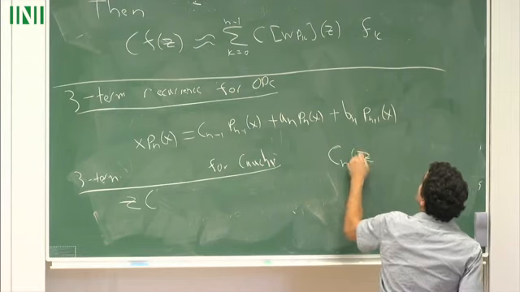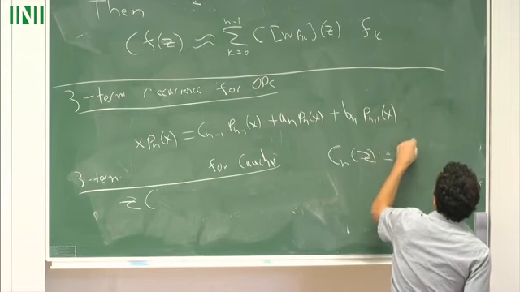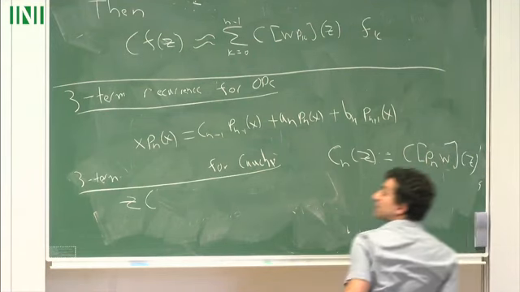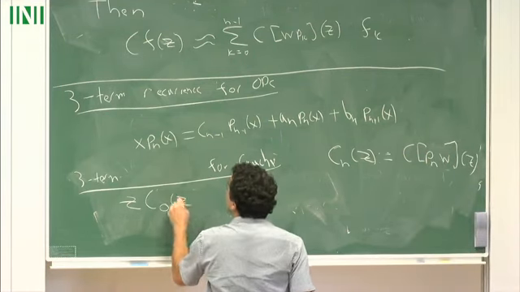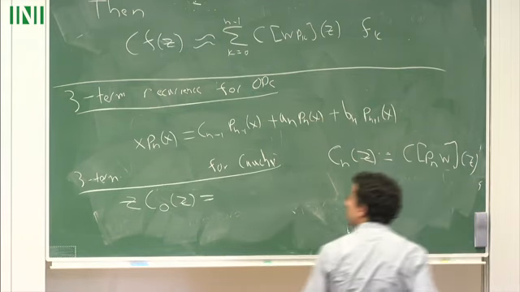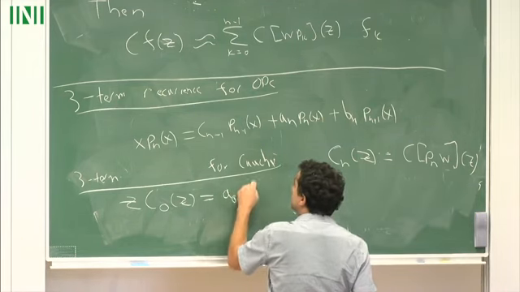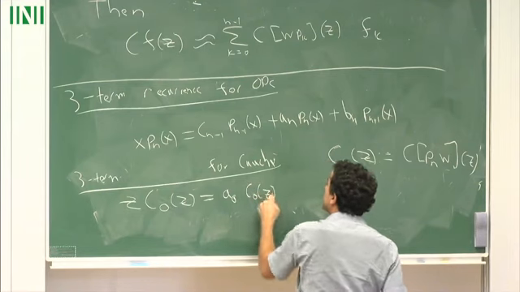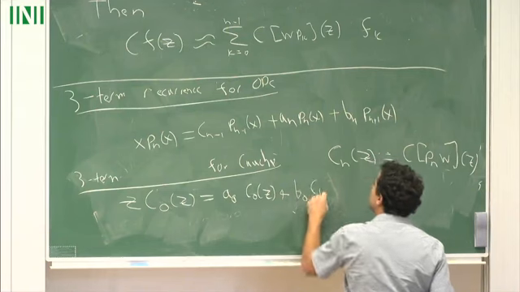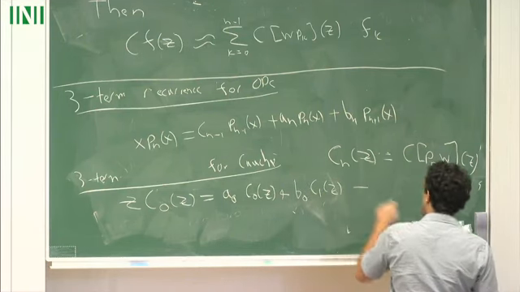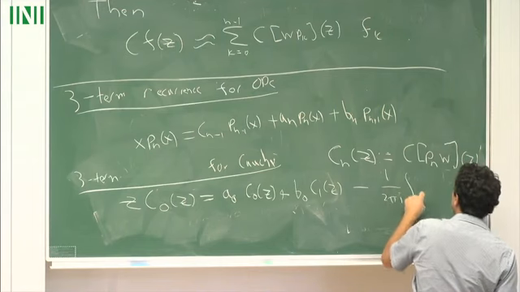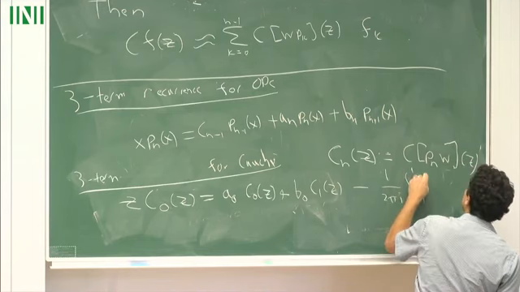Let's define C_n of z as the Cauchy transform of p_n w of z, equals a_0 C_0 of z plus b_0 C_1 of z minus 1 over 2 pi i times the integral from -1 to 1 of w of x dx.